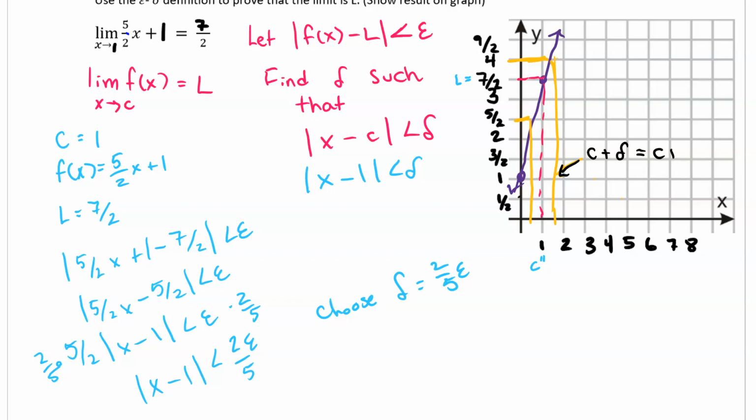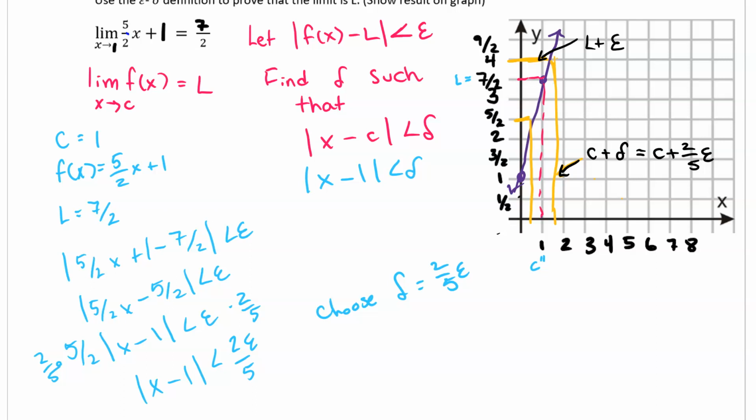Which we said was c plus 2/5 epsilon. And then this relationship up here would be L plus epsilon. And then the same would be true for the other side. It would just be the difference. So we'd have c minus delta for this bound and L minus epsilon for this one.